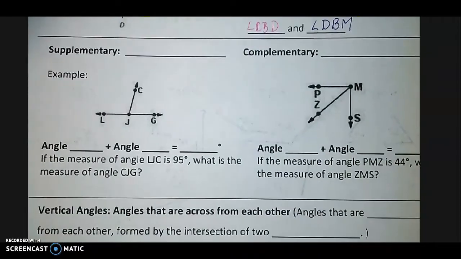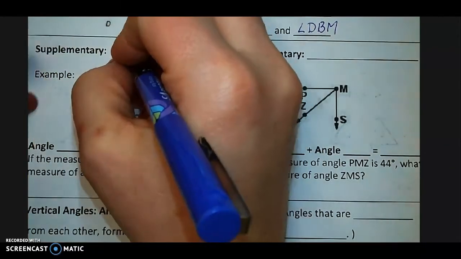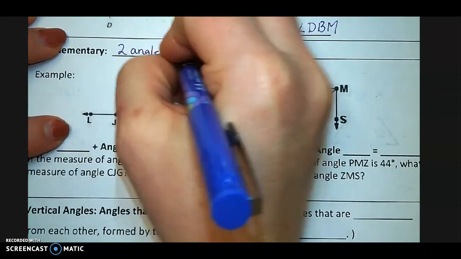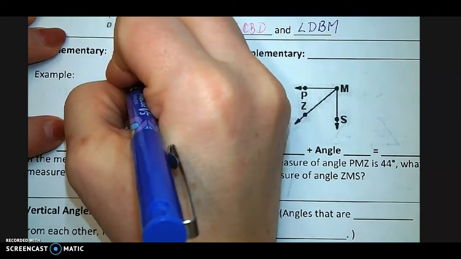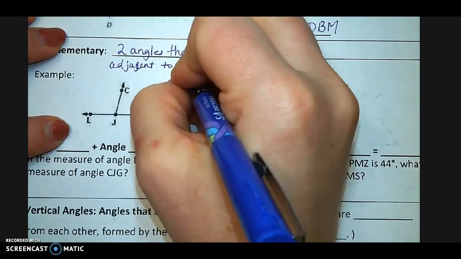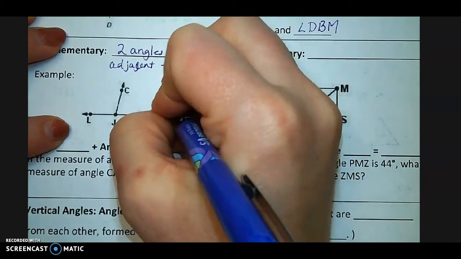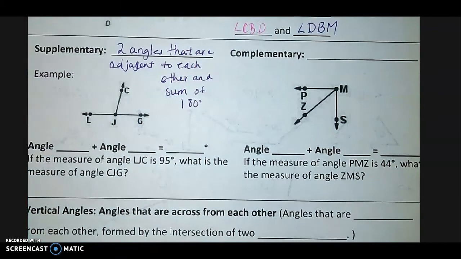Now, angles that are next to each other and add up to a certain amount have a special name as well. So two angles that are adjacent to each other, and if I add them up, they have a sum of 180 degrees. Those are called supplementary.